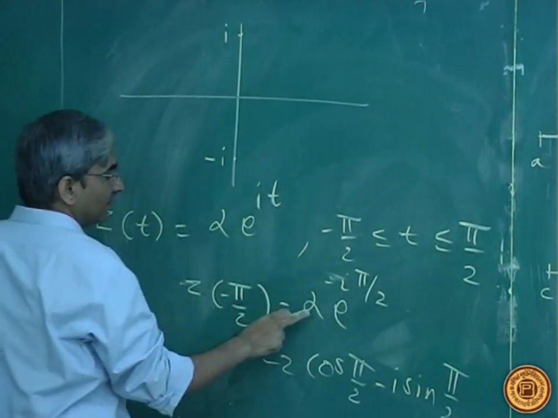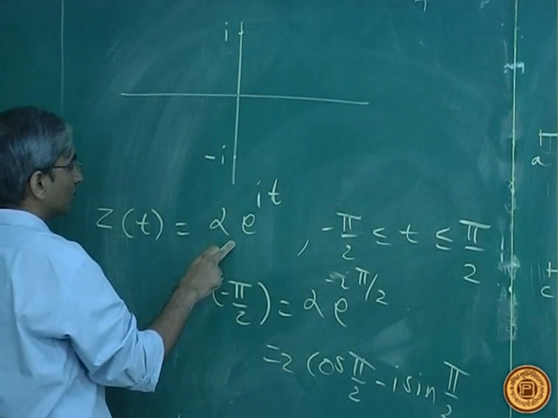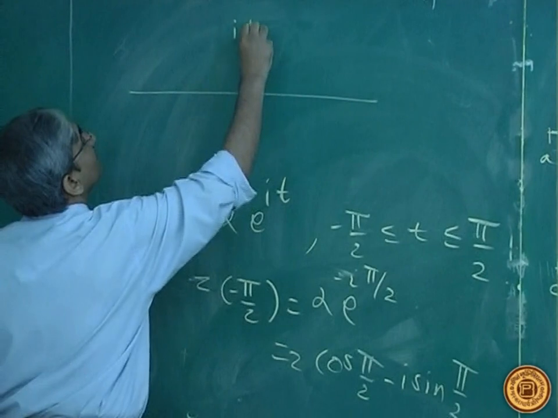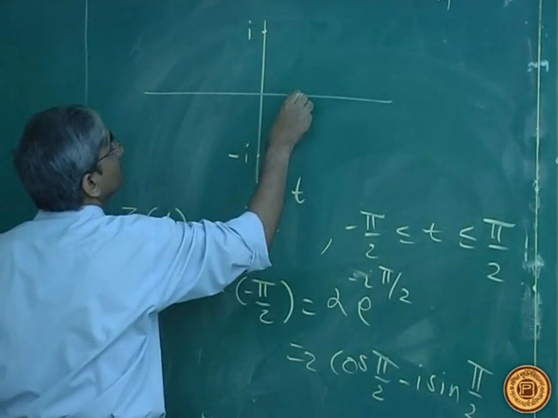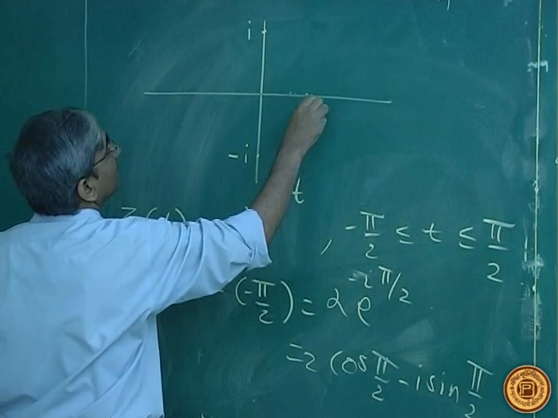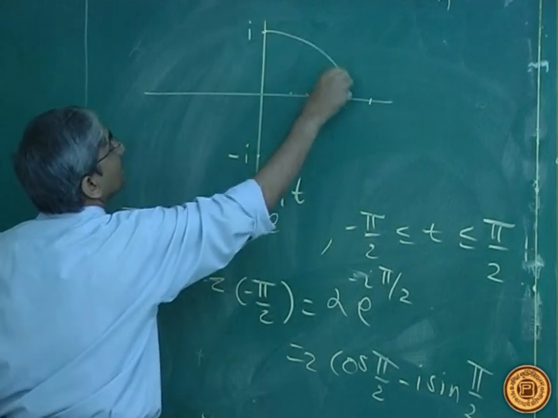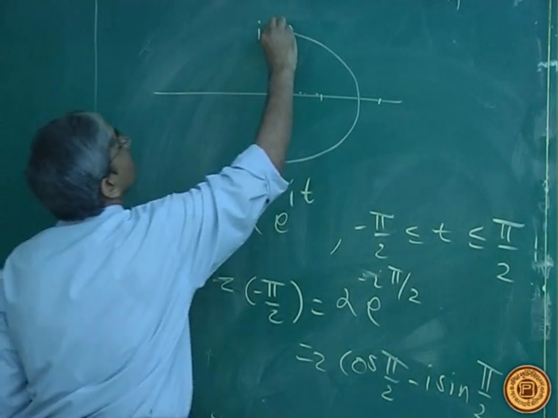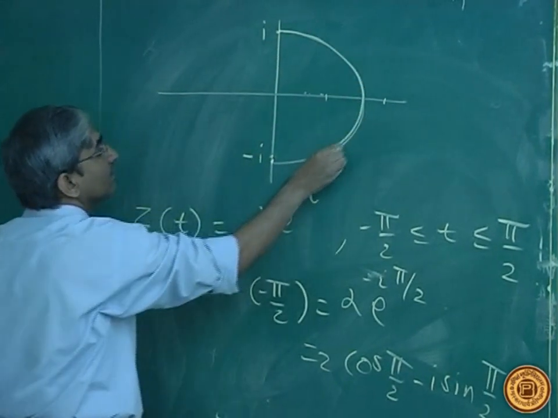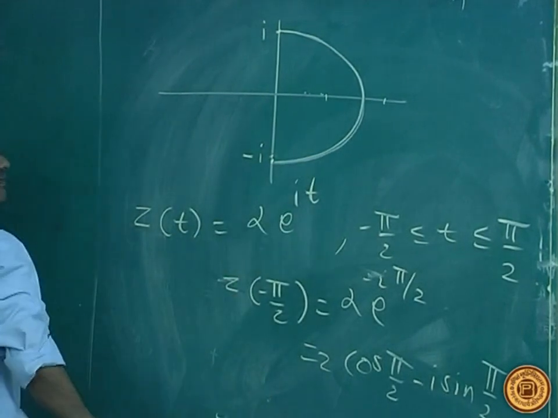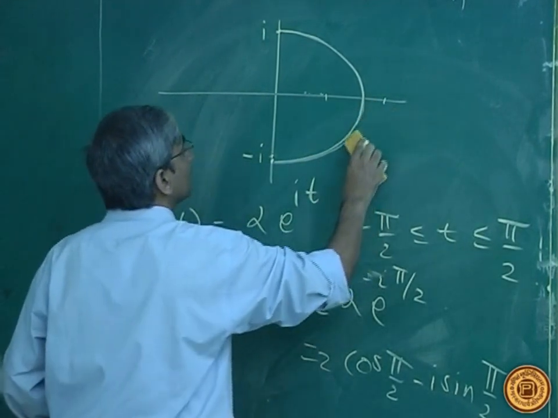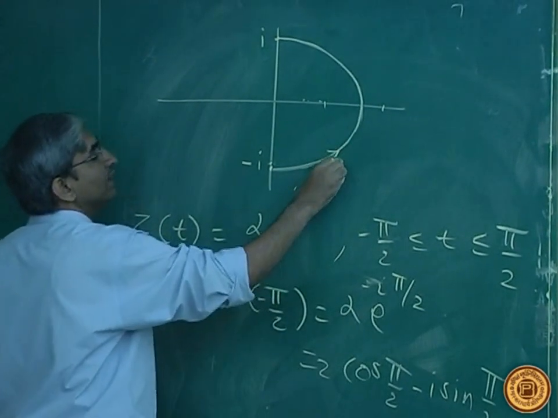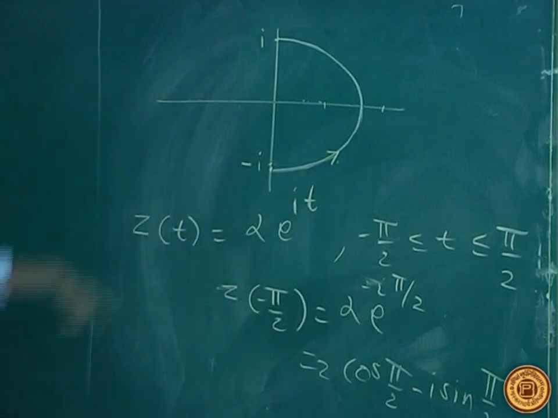And then the mod of this is 2. So this represents a circle with center at origin and radius 2, but only this part. Suppose this is 1, and this is 2, then it is like this. This circle is taken, and it is traversed from minus pi by 2 to pi by 2, so it is like this, anti-clockwise.